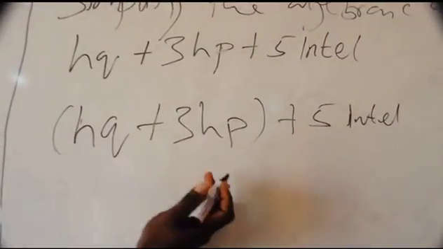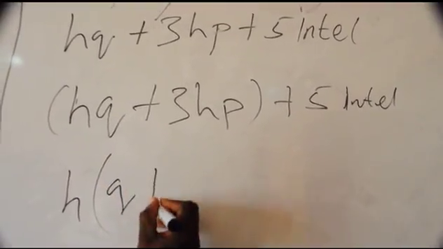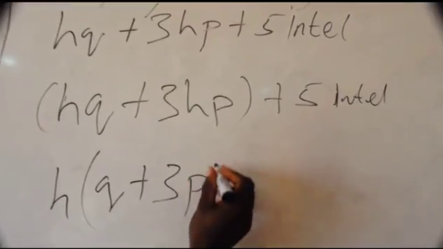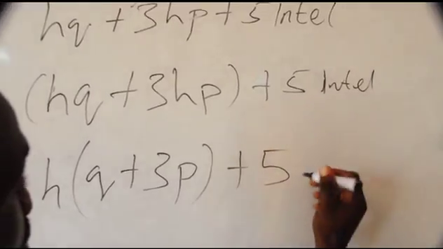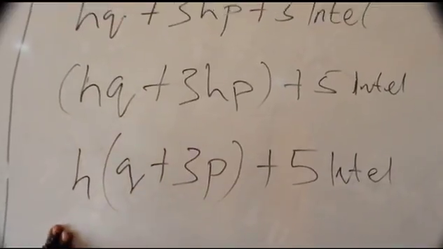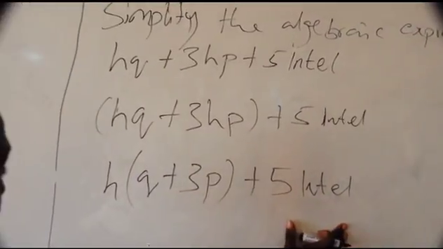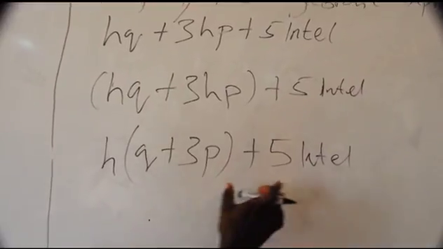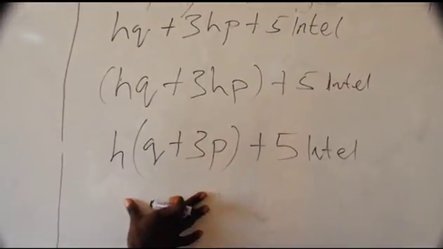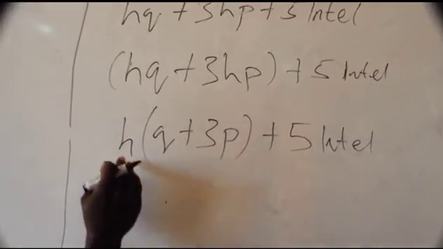For this one, we factor H out to be H into Q plus 3P, then here plus 5 enter. If you look at this expression, you notice there's no way we can put this 5 enter inside this bracket, because it does not have anything common with these ones here. So it has to be outside. The ones that have something in common, we put them in the bracket and factor out the thing that made them common, which is H.